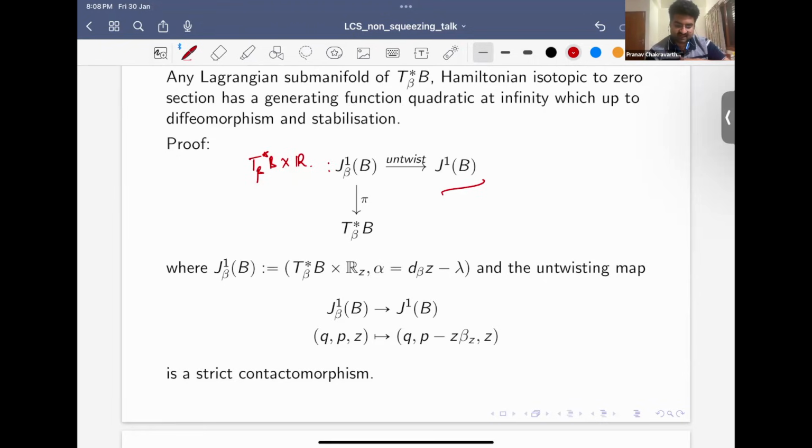Therefore, you just pull back via this twisting map and forget the last coordinate on the generating function, and that gives you a generating function for the Lagrangian you began with on the twisted cotangent bundle. So you sort of have the theory of generating functions for free on these manifolds because of this little trick.